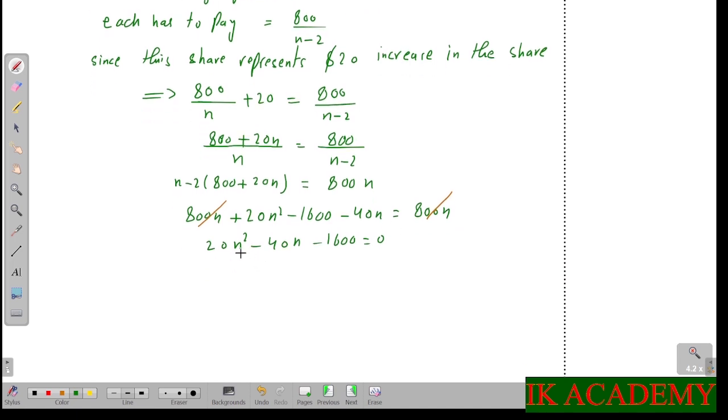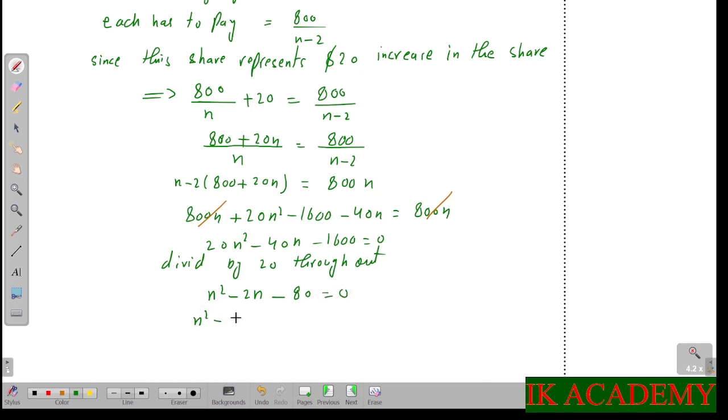I want to make the coefficient of n square in the simplest form. So if we divide throughout by 20, we can remove the coefficient of n square. Dividing by 20 throughout, it will be n square minus 2n, since 2 times 20 is 40, and 80, since 80 times 20 is 1600, equal to 0.